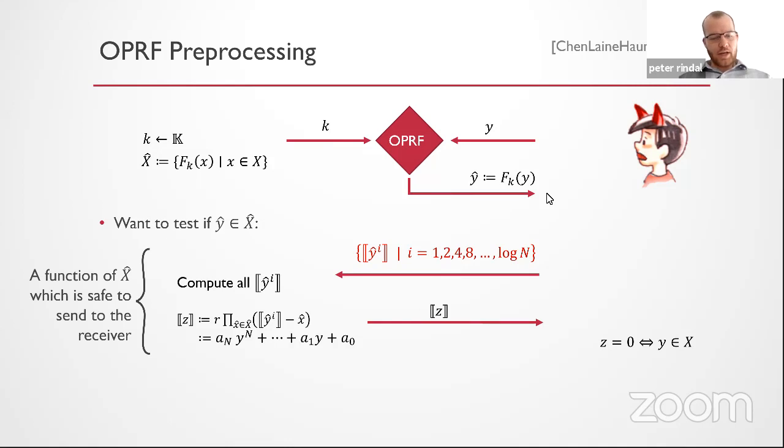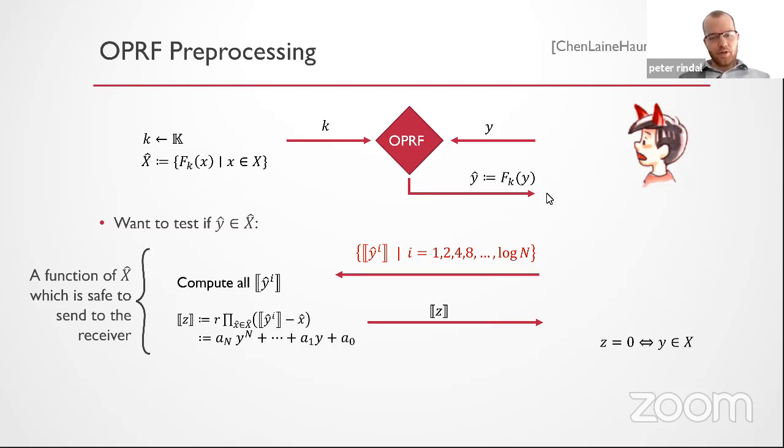Well, we don't really care, because we could have just sent the encoded set X hat in the clear to the receiver. And so no matter what function the receiver ends up making us compute, it doesn't matter, because it won't leak any information beyond this intersection itself, due to the OPRF being first.